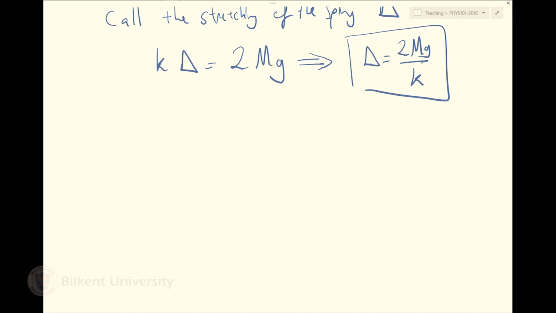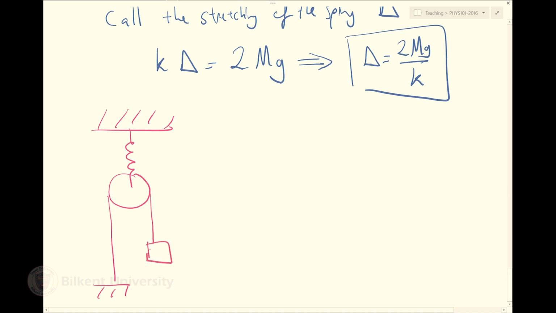Good. So I'm just redrawing this. T and F2. I've just calculated F2 is K times delta plus x over 2. Good.